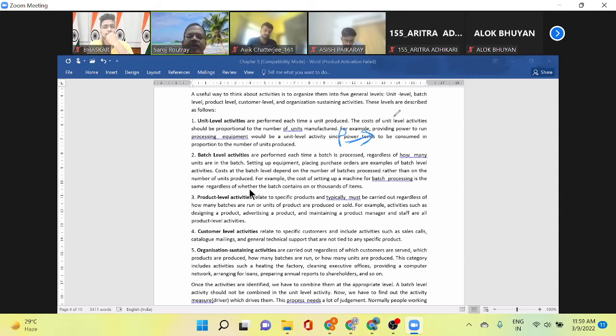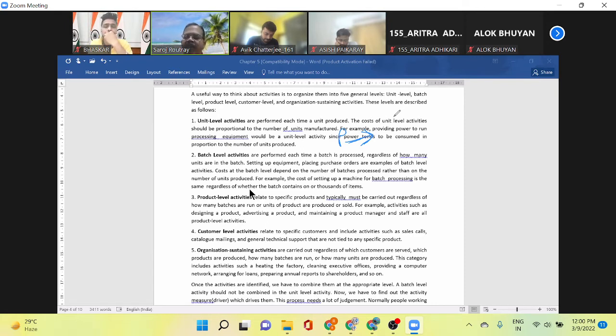Then comes the organization sustaining activities. There are some activities which are organization sustaining. For example, heating of factory, rent of factory as we discussed just earlier, cleaning executive offices, administrative expenses, right?